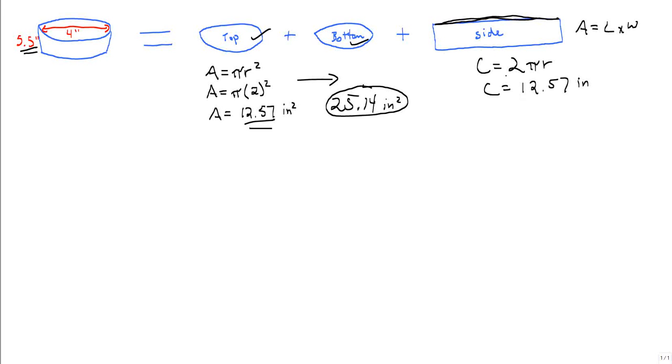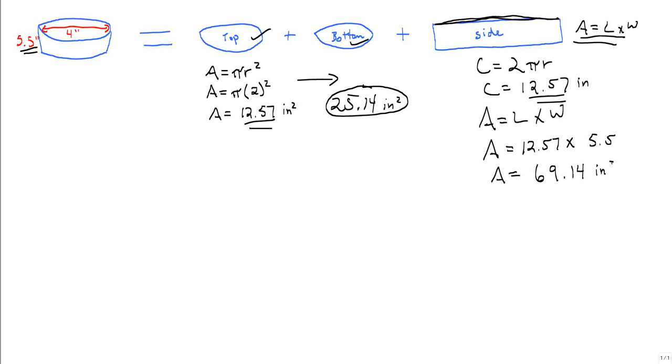So now that we have length, we can now punch in the numbers into our formula. So area equals length times width. Area equals, we have just figured out the length, which is 12.57 inches. We're going to times it by the width, which is 5.5 inches. And we get a total of 69.14 inches squared.